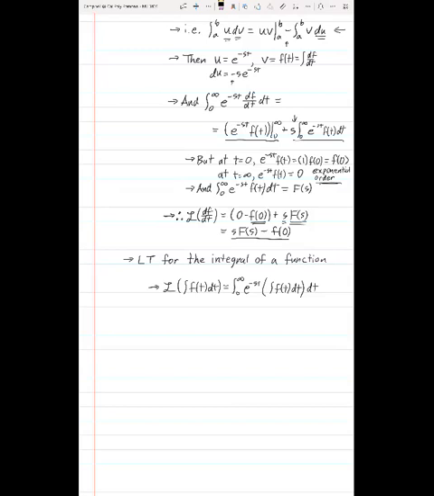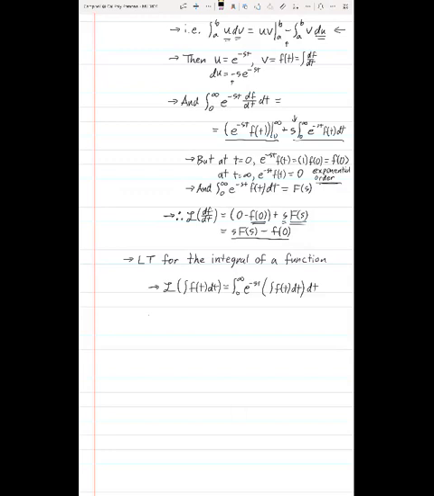Well, if multiplying by s is the derivative, dividing by s, or multiplying by 1 over s, should represent taking the integral, because of course, dividing by s is the algebraic inverse of multiplying by s. So if that's what you were thinking, you're actually spot on.